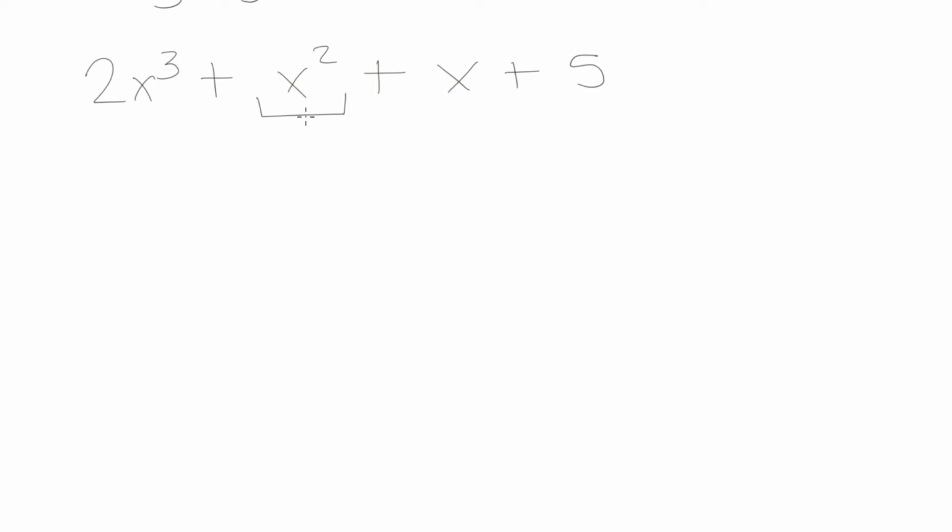The degree of this term is a second degree term because our variable is raised to the power of 2. But if you were asked what the degree of the entire polynomial was, it would be considered a third degree polynomial because the degree of our highest degree term is a third degree term. And this is our highest degree term since our variable is raised to the power of 3, and that's higher than 2 or 1, or in this case, 0.